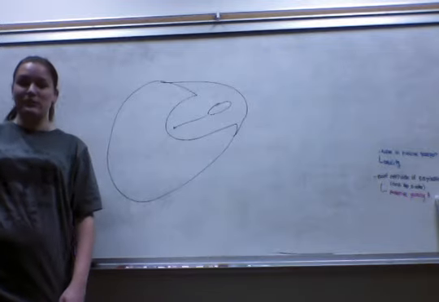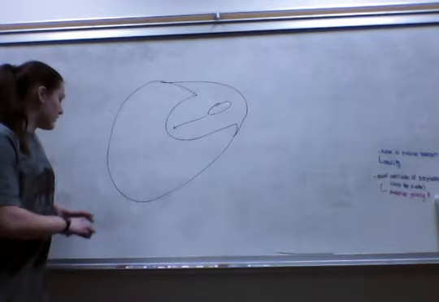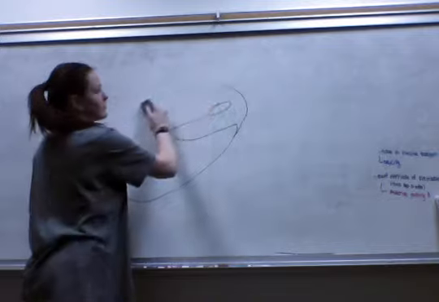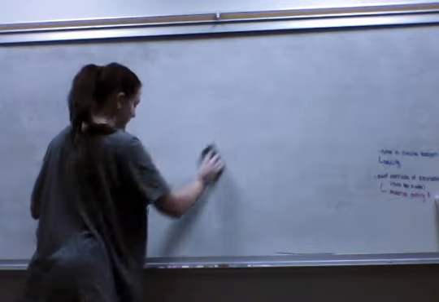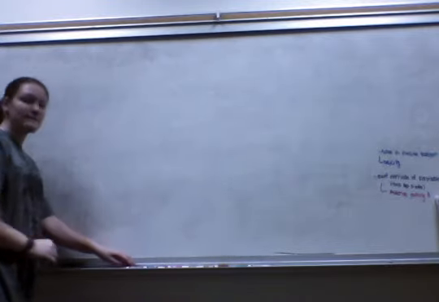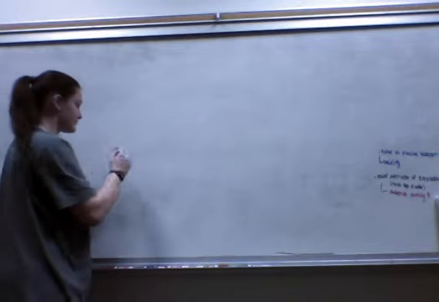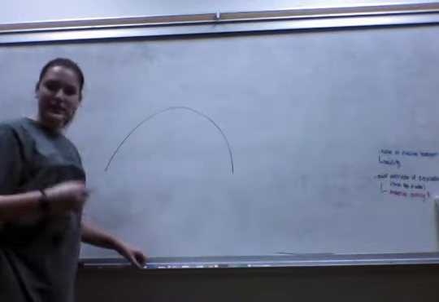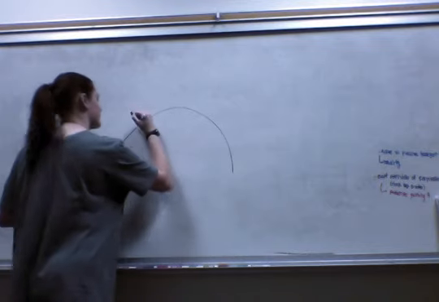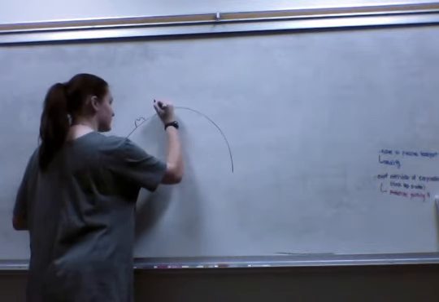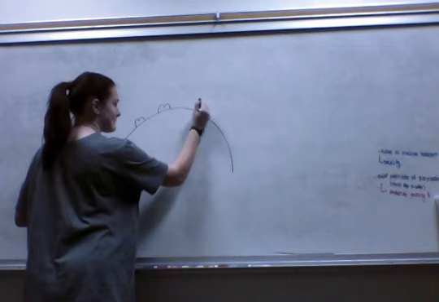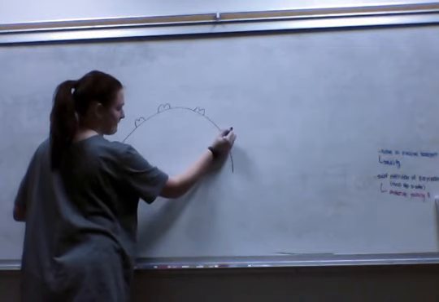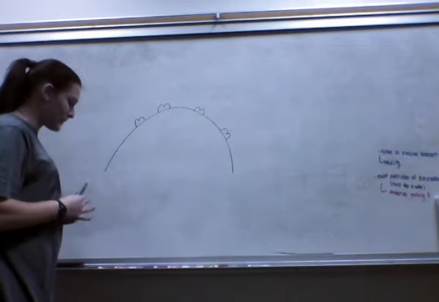And then we've got receptor-mediated endocytosis, which is honestly probably one of the cooler ones. You're going to have your plasma membrane right here, and there are going to be all these little receptors on the outside of it.